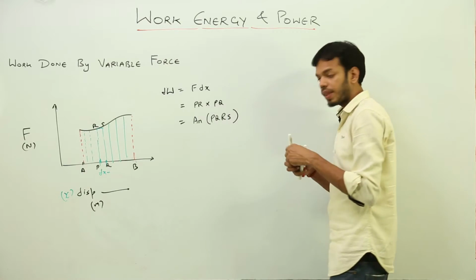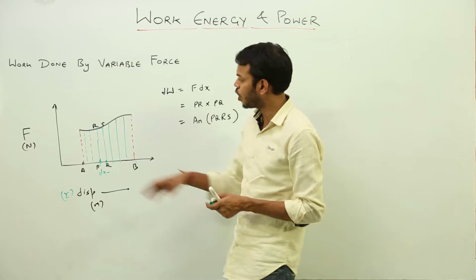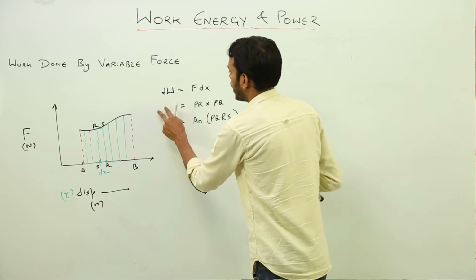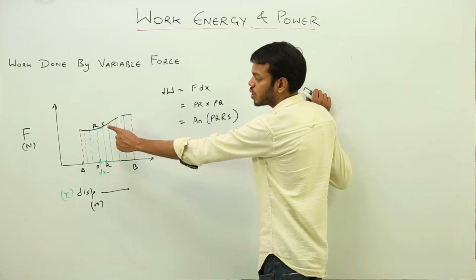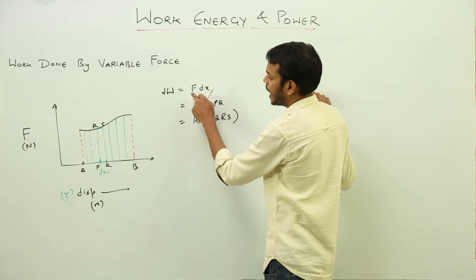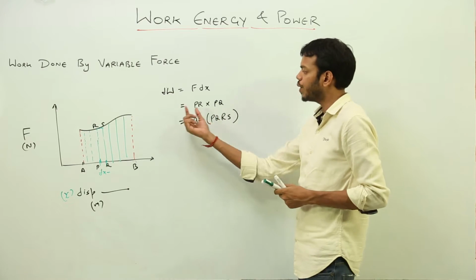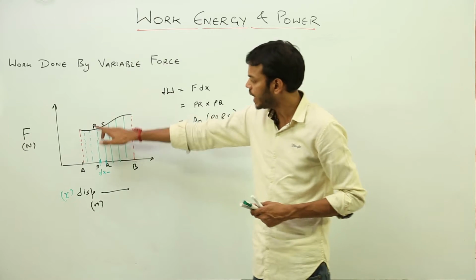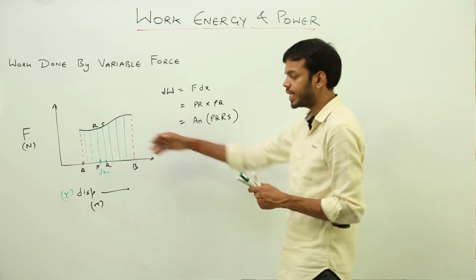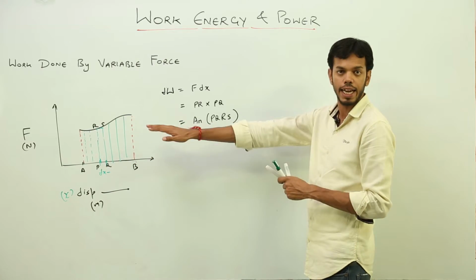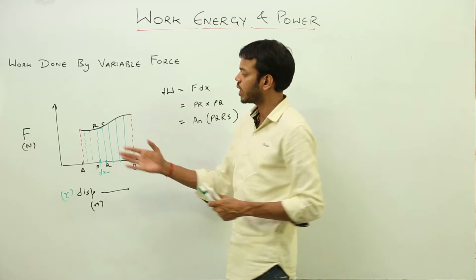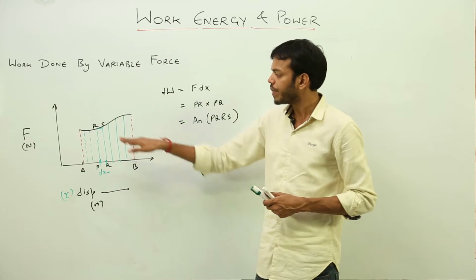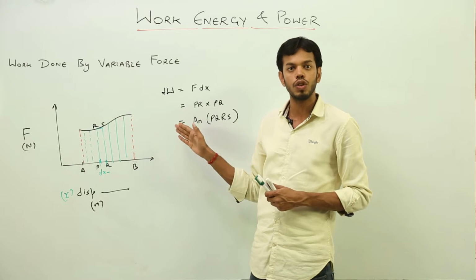That means if I had to find out the work done for this small displacement, we multiplied force and displacement, considering that force is constant for this small displacement, and hence we got PR into PQ, which is the length and breadth of this small rectangle, and hence it comes out to be the area of this rectangle. So if I have to find out the work done for the entire thing, from A to B, I have to add up all these individual areas.